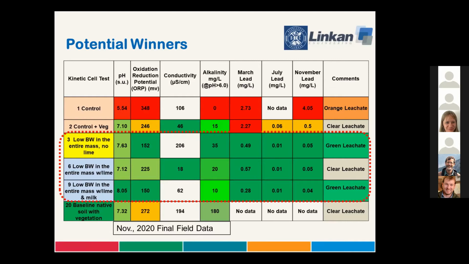ORP, the reducing conditions, were causing the conversion of iron oxyhydroxides that had absorbed a lot of lead, a lot of zinc, et cetera. They very quickly went to reducing conditions, so that iron +3 went to iron +2, and all these metals were released.